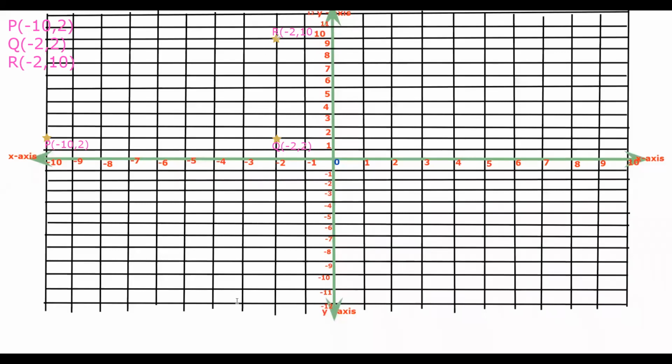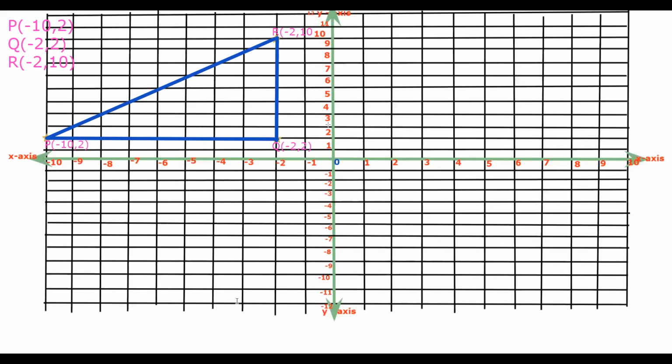So we are joining the points P, Q and R. Then join these points together. Okay, now you have your shape here.